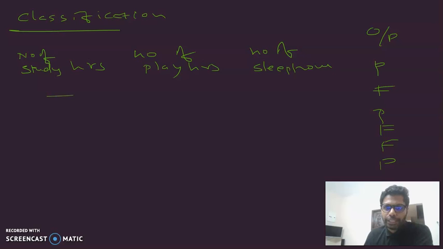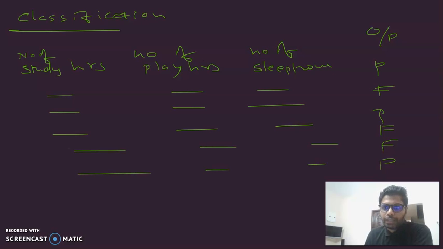So I have a data set like this. I just don't want to write anything here, but just imagine some values there. With this respective data it is saying that this is pass, and with this respective data it is saying that it is fail.